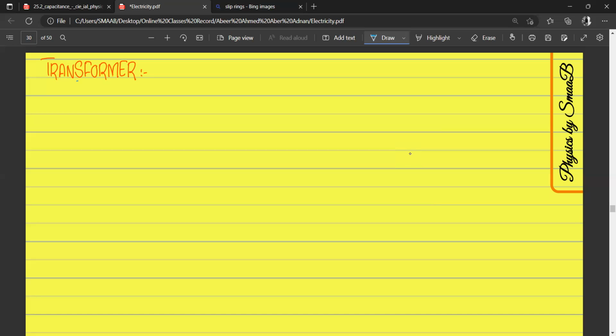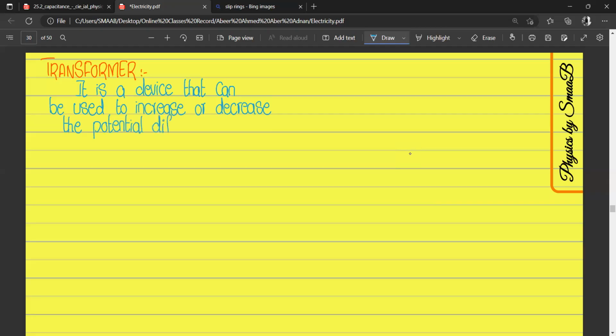So we can write: a transformer is a device that can be used to increase or decrease the potential difference of AC, alternating current, right?